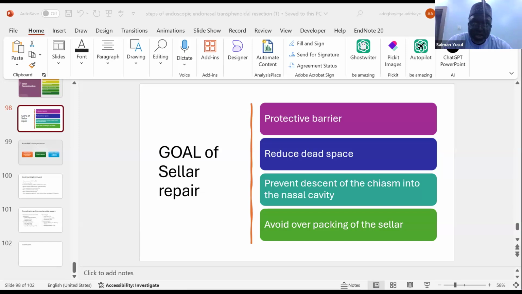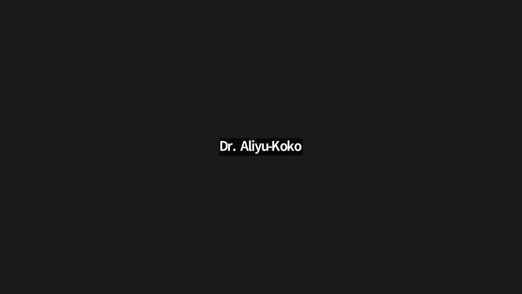After your initial decompression, you will ask your anesthetist to infuse saline through the lumbar drain to bring down the tumor so that you can do a further decompression. Again, in the event that you have a CSF leak, you already have a lumbar drain that you keep open for some time post-operatively, and that will help you.